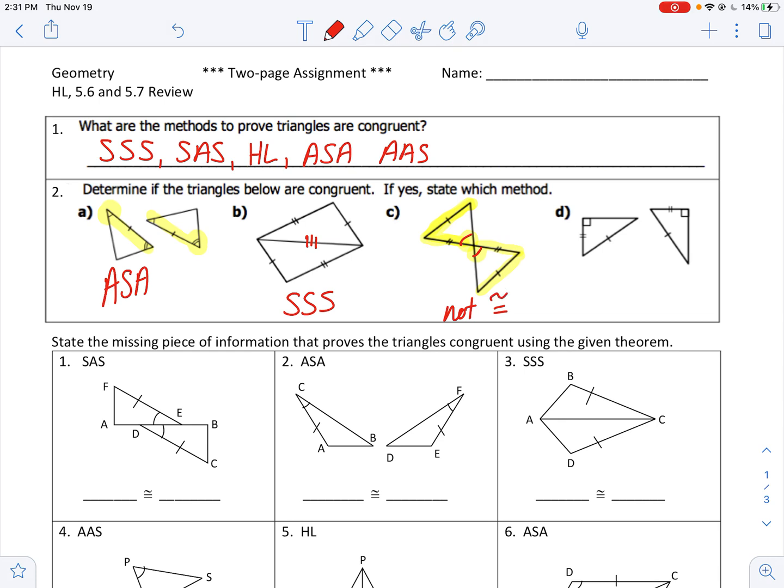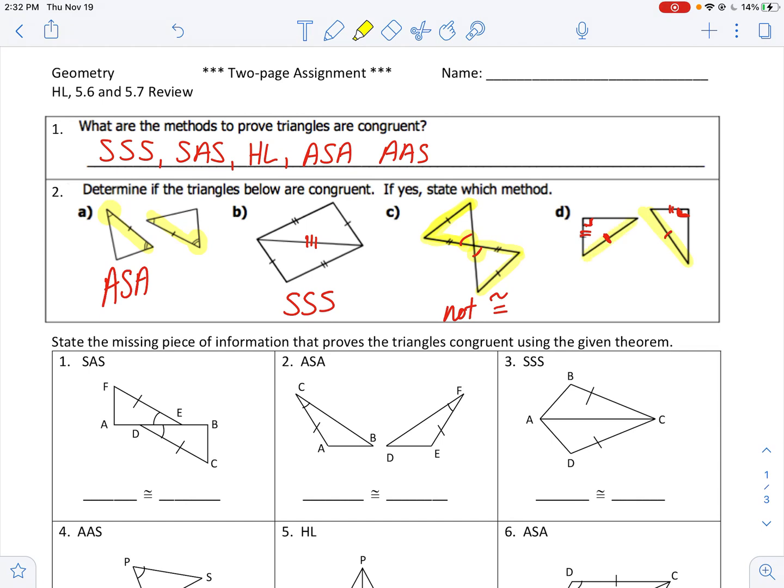And 4, look at what I've got. The first thing that's setting off some alarm bells in my head, I've got right angles. So I have 2 right triangles. It looks like I have an angle, I have an angle and 2 sides. So an angle and then 2 sides. But that's not one of our properties unless I notice that this is a hypotenuse.